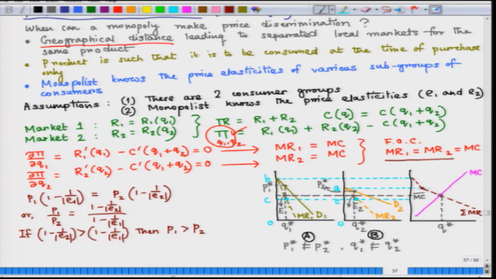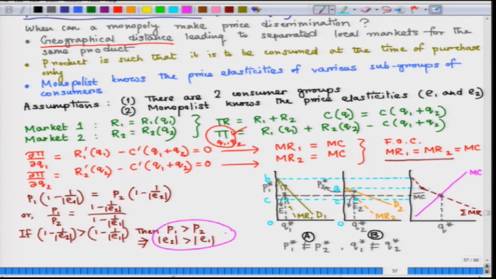So, if my P1 is greater than P2, then actually that implies that my elasticity in market 2 is higher than the elasticity of demand in market 1. So, that is a very interesting result in this price discrimination model.